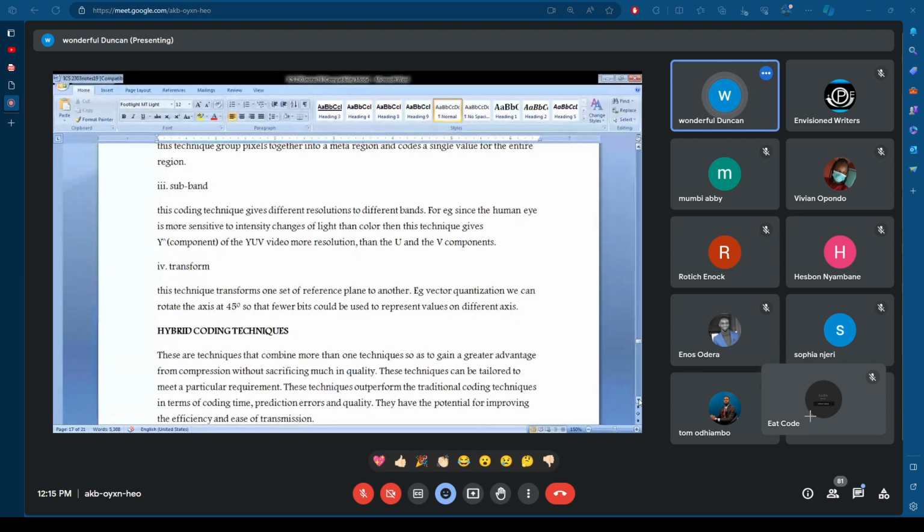For example, since the human eye is more sensitive to intensity changes of light than color, this technique gives the Y component of the YUV video more resolution than the U and V components.